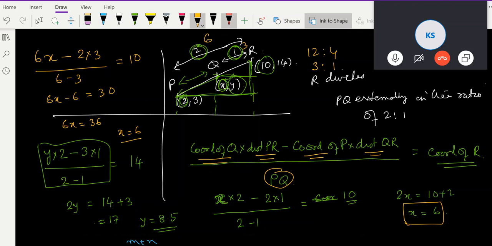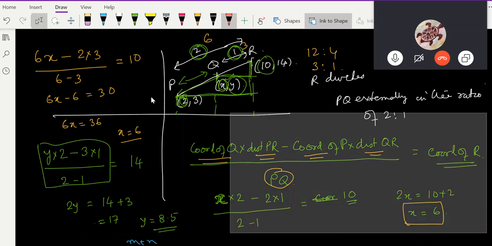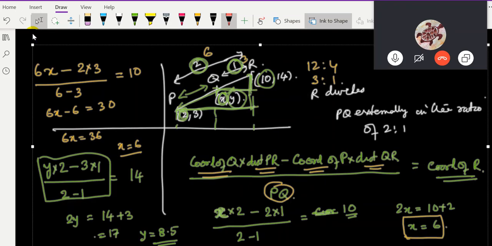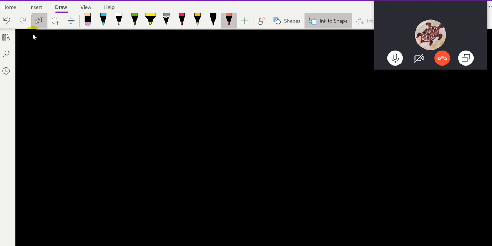So this is not only for this particular case, but for any problem, wherever you see a ratio, you can always reduce that ratio to the lowest term. The answer will not change in any problem. Okay, so now we will get into triangles.